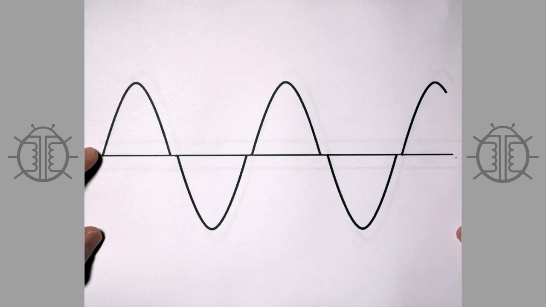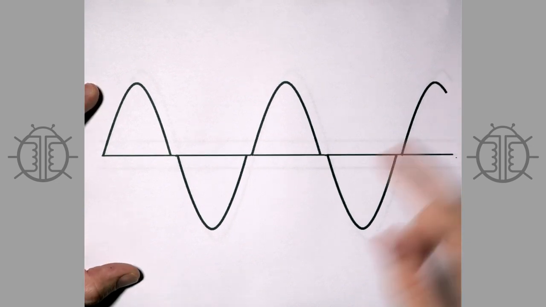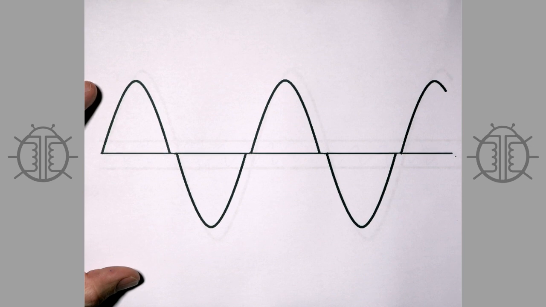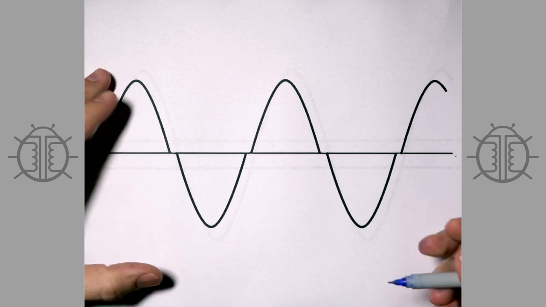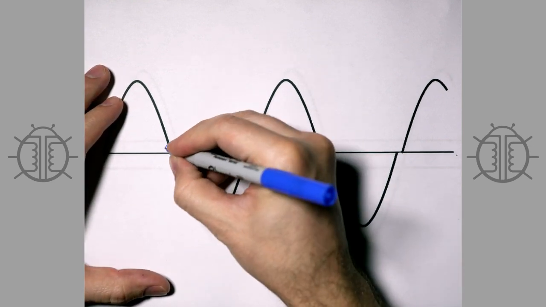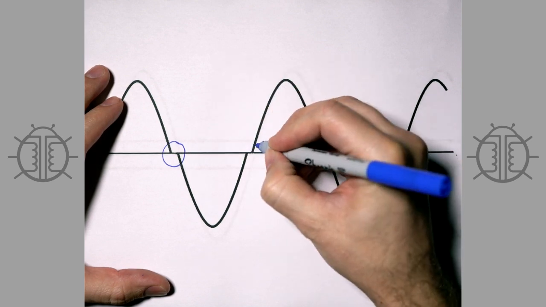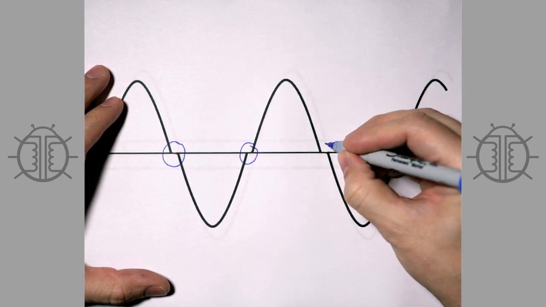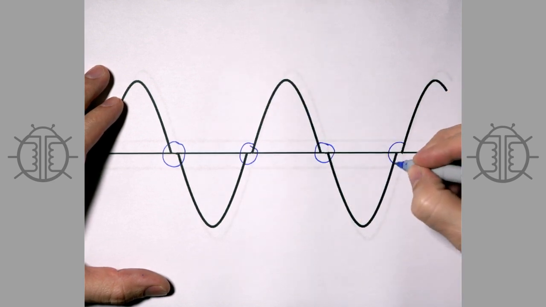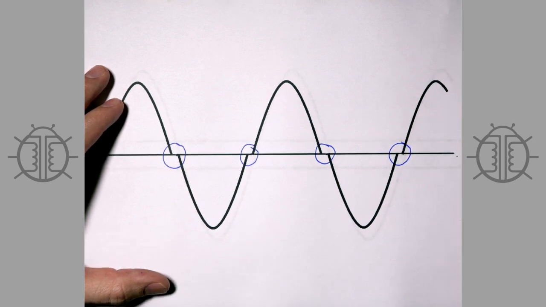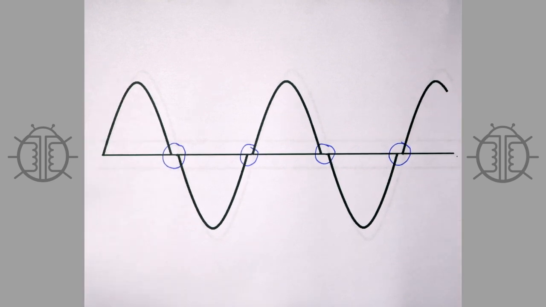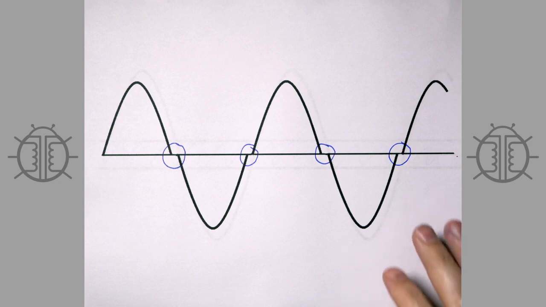And as you're probably aware, this is called crossover distortion. One of the causes of crossover distortion is blocking, which is what we're looking at today. There are other causes of crossover distortion, just like incorrect bias is the other main cause of crossover distortion. But today we're looking at blocking.